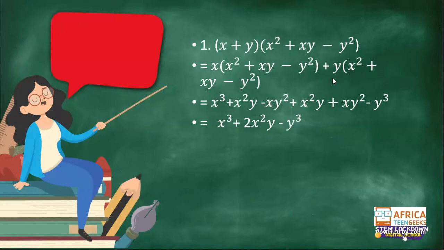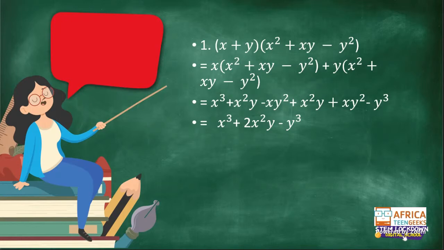Again, you multiply y by x squared to get x squared y. Then you multiply y by xy to get xy squared. Then you multiply y by y squared to get y cubed. And you can see that is negative because of the negative sign next to y squared.